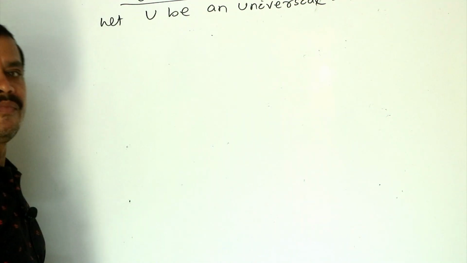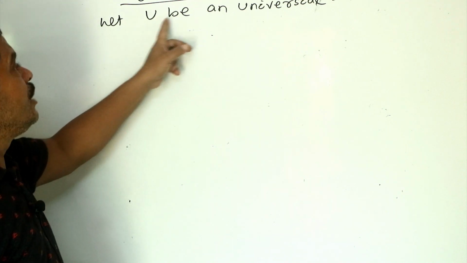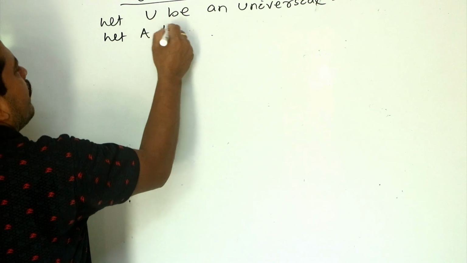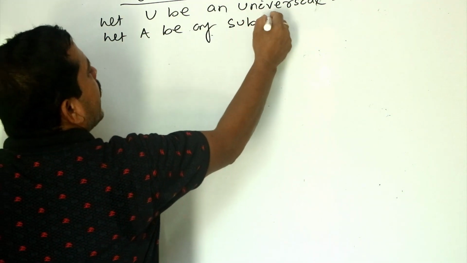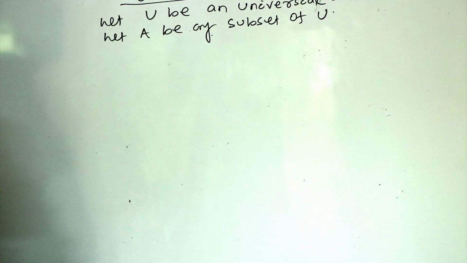In the number system, the set of real numbers is a universal set. Let A be any subset of U.